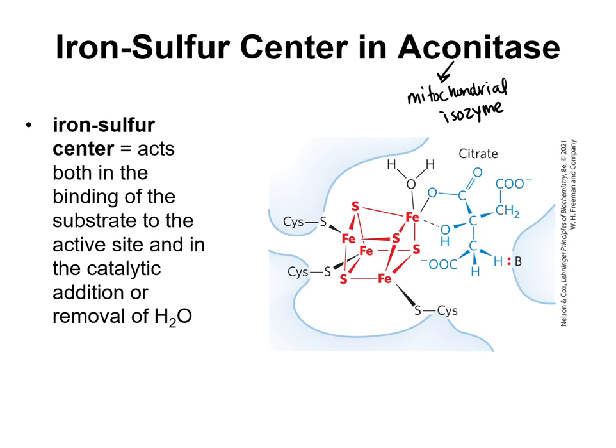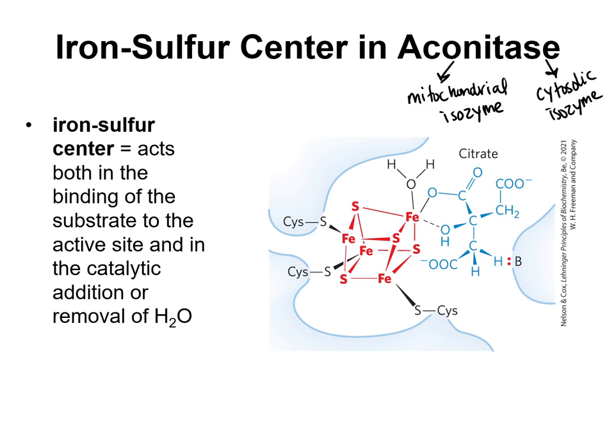It's a part of the citric acid cycle. You also have cytosolic aconitase. That's the cytosolic isozyme. It does the same reaction, but it also moonlights as another protein in its off time.